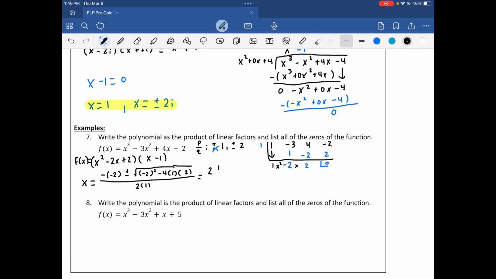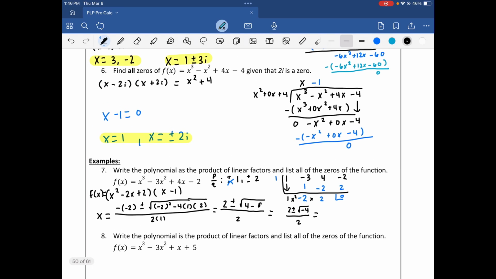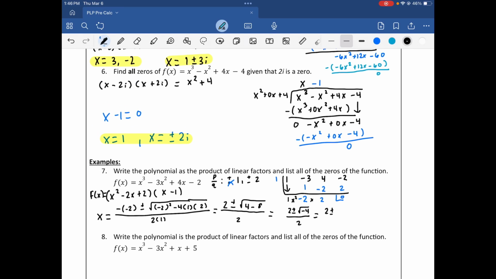So we've got 2 plus or minus the square root of 4 minus 8 all over 2. 2 plus or minus the square root of negative 4 over 2. The square root of negative 4 is 2i, so 2 plus or minus 2i over 2.